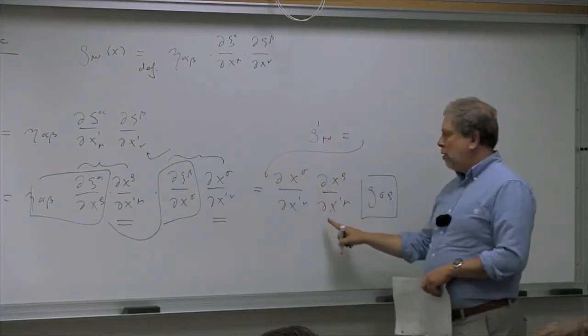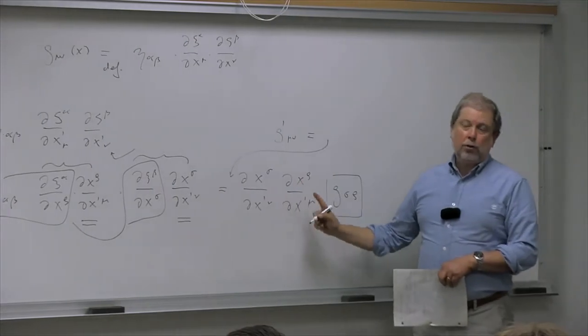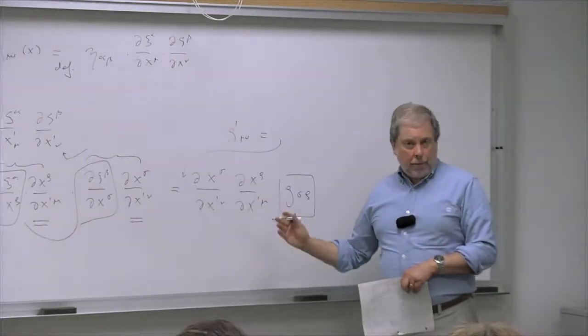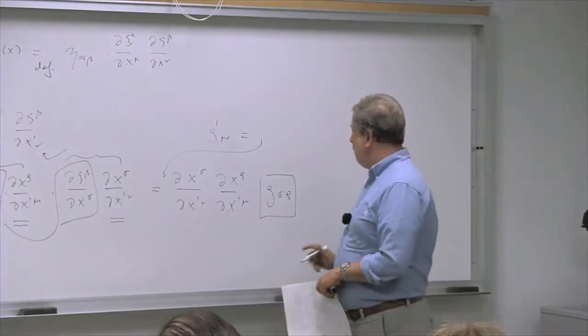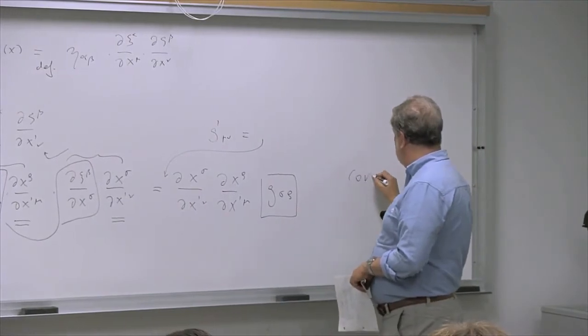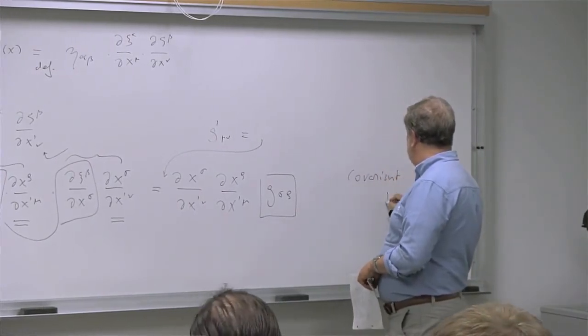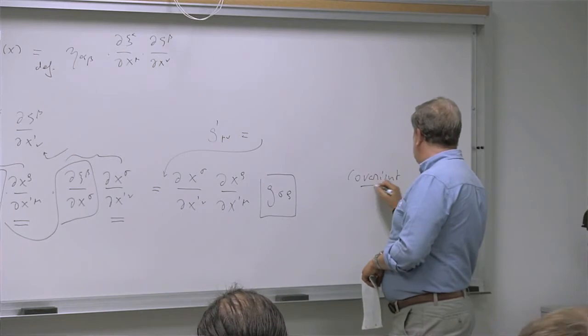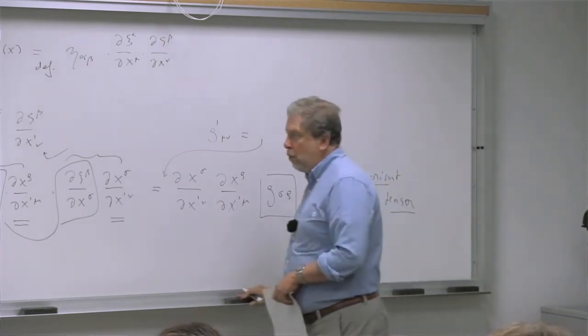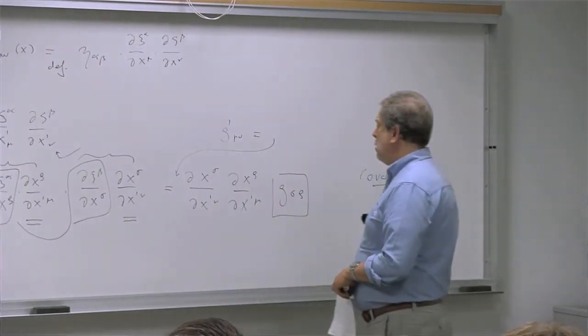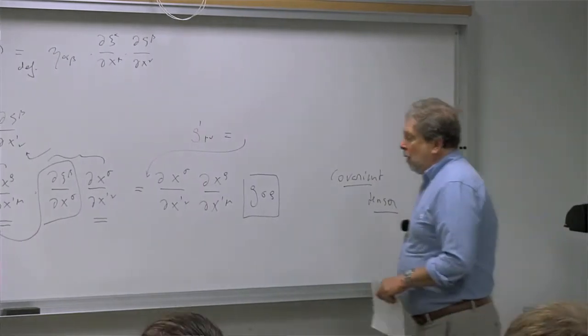So the metric in fact transforms with two factors, both of them dx by dx prime, and so that's a covariant tensor. So it transforms with the indices downstairs.